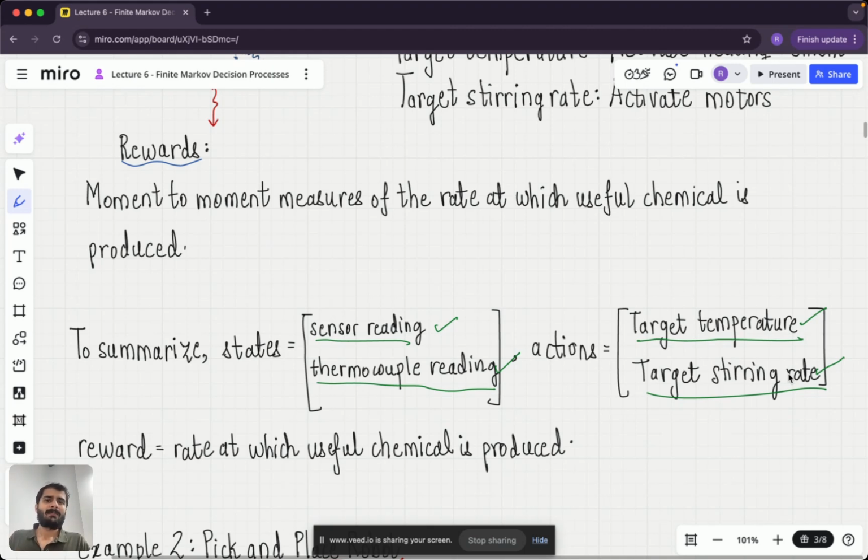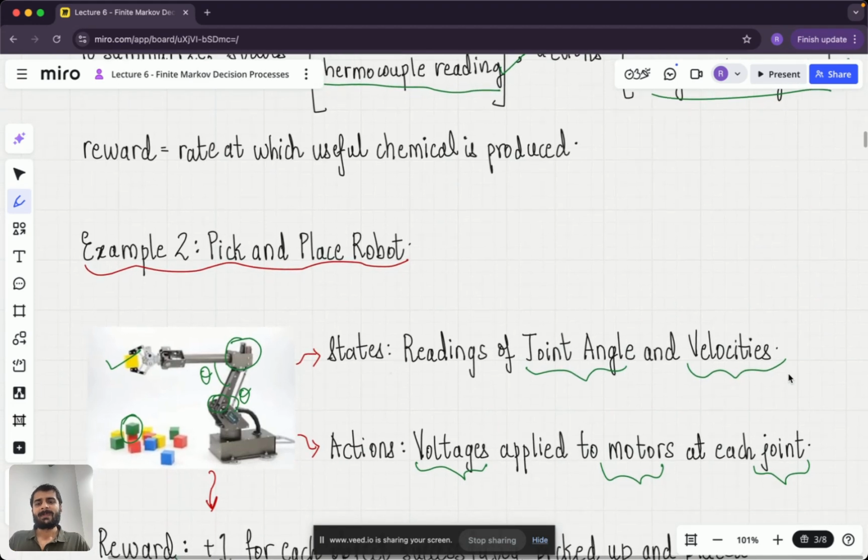Let's take another example so that you understand how to formulate problems in terms of agent environment interface much better. Let's take an example of a pick and place robot. These are common robots which you see in warehouses of industries where you have to pick objects and place them on a conveyor belt. So, here my reward is pretty clear.